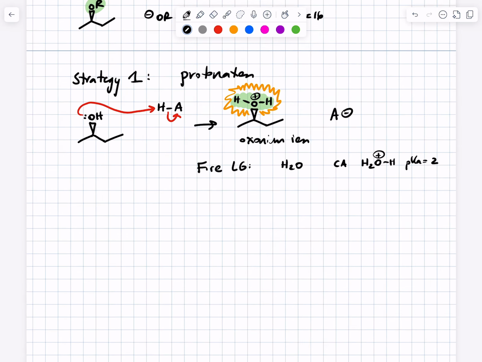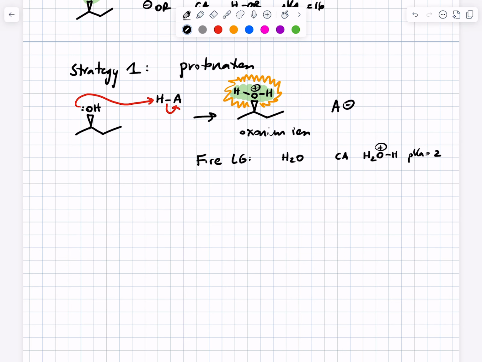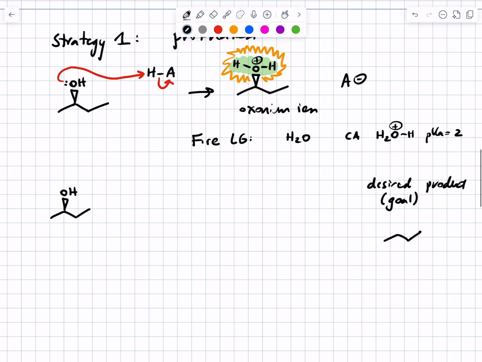So let's play this strategy out and see how well it works. We'll start with this alcohol, and suppose that my desired product, my goal, what I want to make, is to replace the OH with Cl. And I want Cl to be a dash instead of a wedge. Based on that, what kind of reaction do you think I want to do?